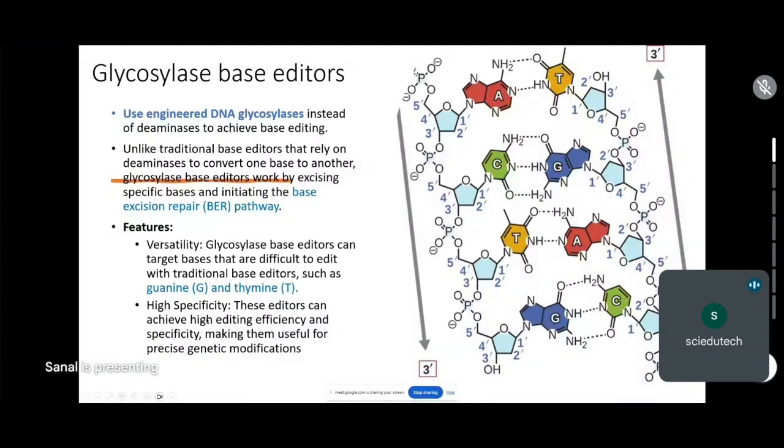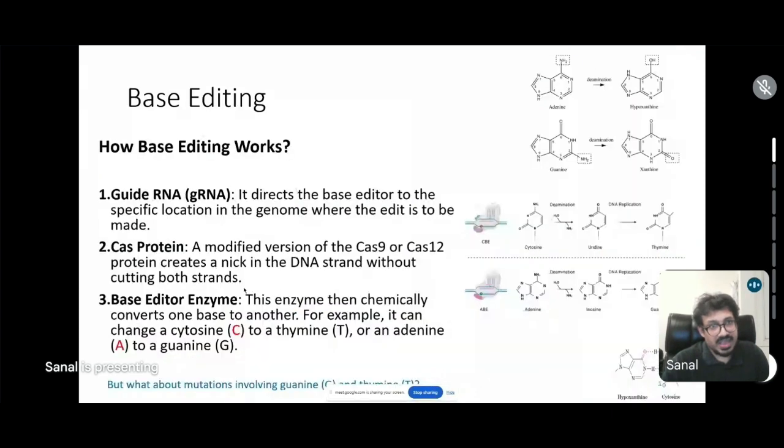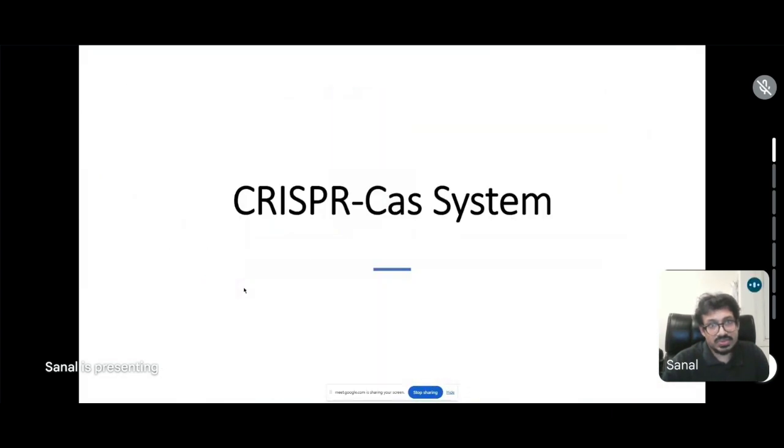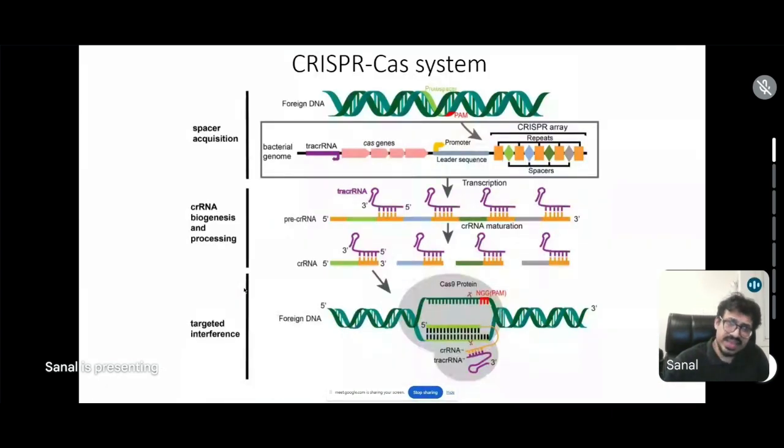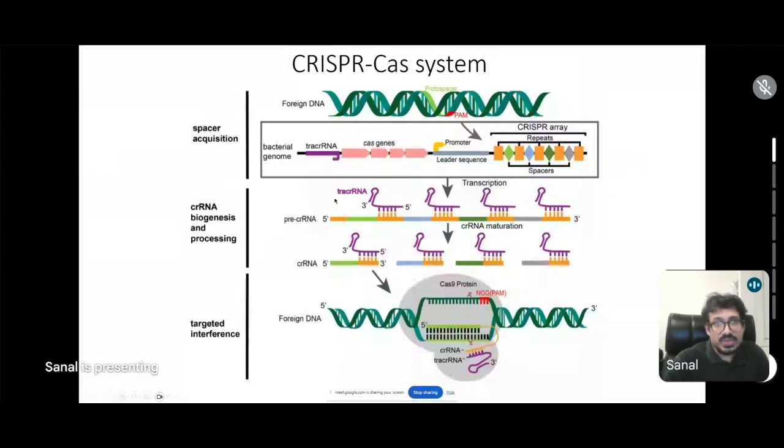What is sgRNA, small guide RNA? Yeah. So these are engineered. Shall I address all the questions at the end? Okay, it's fine, I'll tell you. So you can see here, there's a tracer RNA.